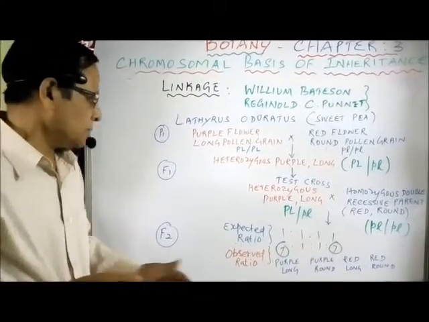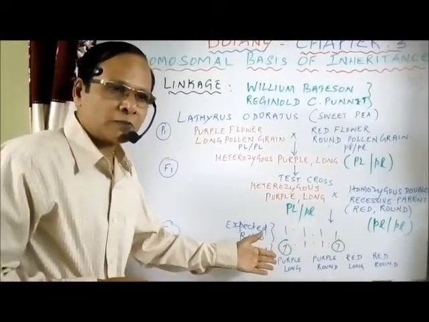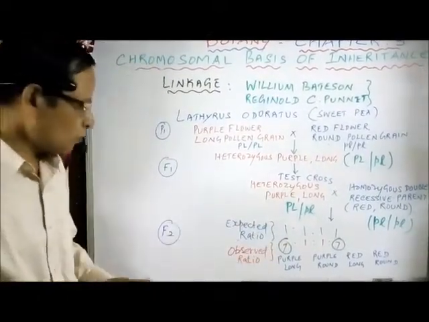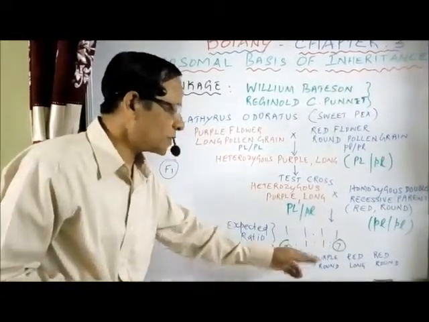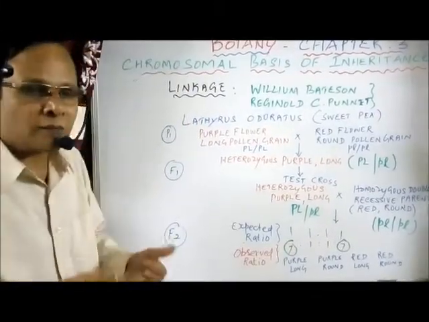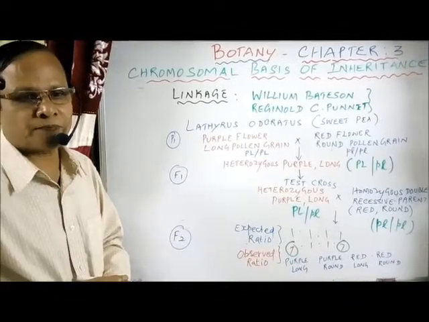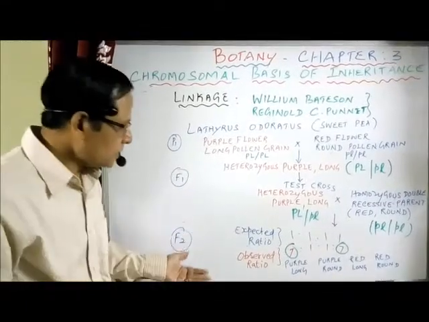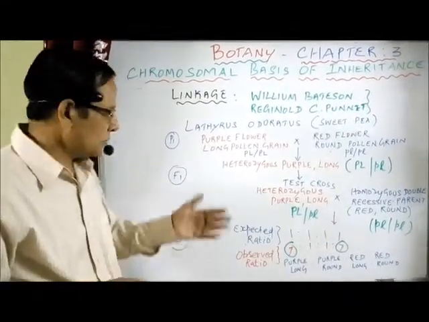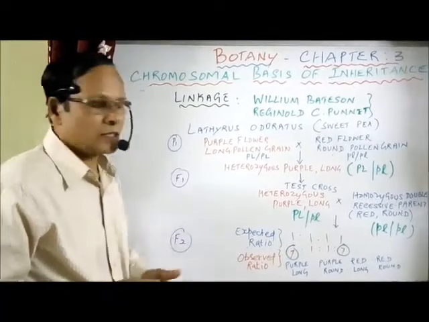Now, the parental combinations exhibited a greater number than the recombinant varieties. So there was an increased number of parental combinations in the F2 generation.